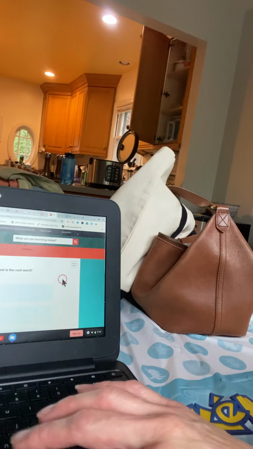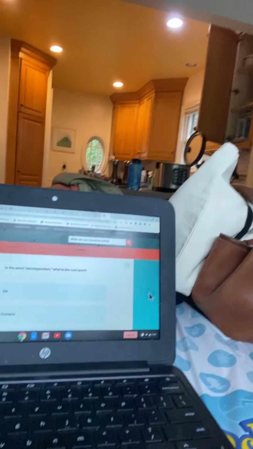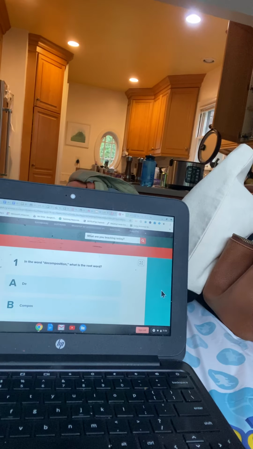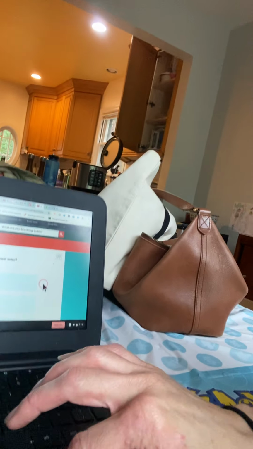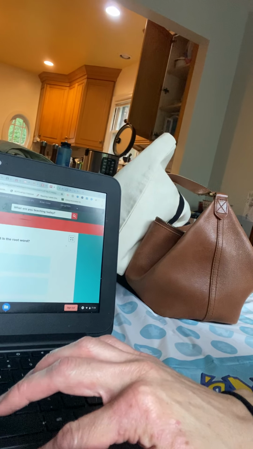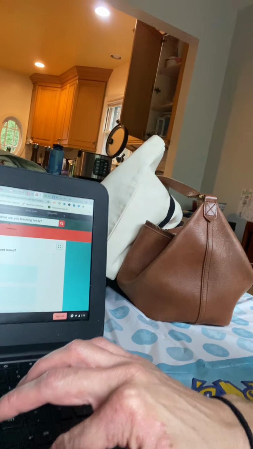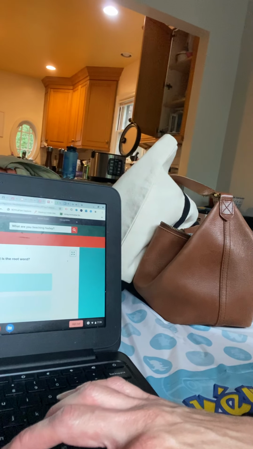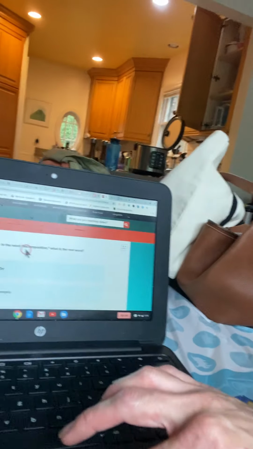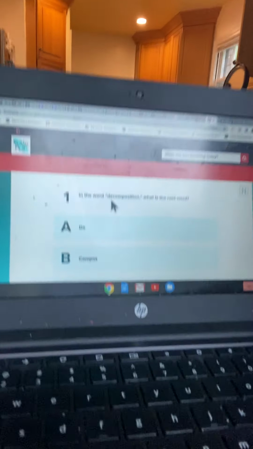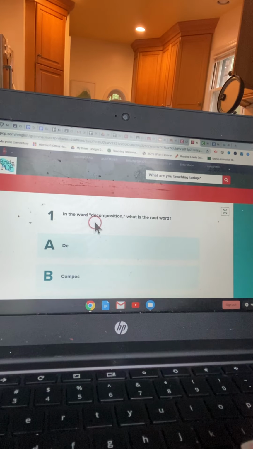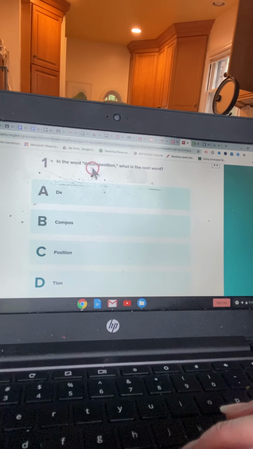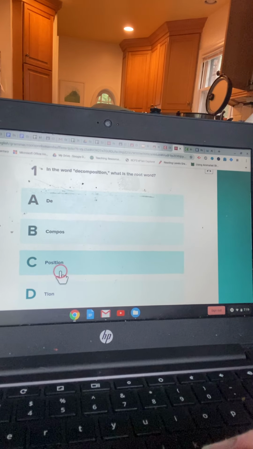All right, so in the word decomposition, what is the root word? So remember, the root word usually comes in the middle, okay? And then the prefix is at the beginning, the suffix is at the end. So D is at the beginning, so we know it's not the root word, right? And then compose is in the middle.